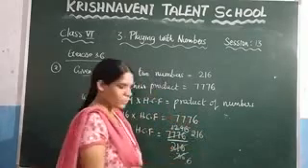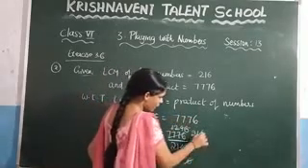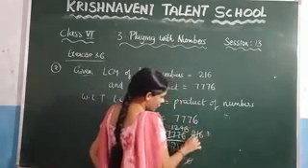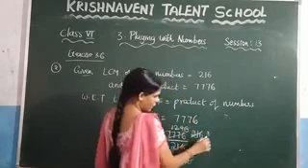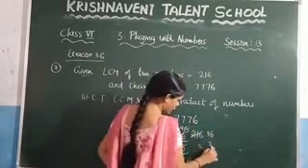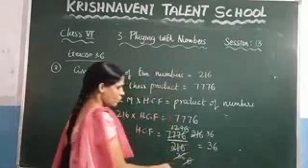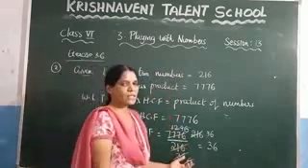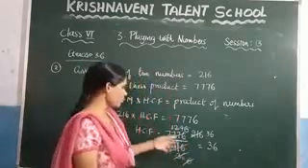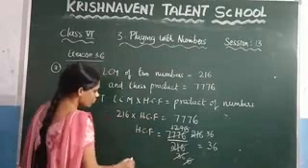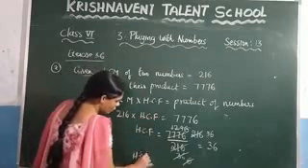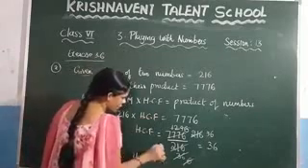Again these two numbers are divisible by 6, and 6 3s are 18. So after doing the cancellation, you will get the answer which is 36, or you can do the normal division also. So the HCF in this case is 36.